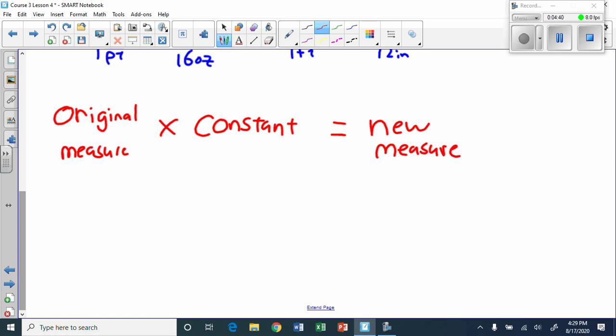And then that constant we talked about, usually what we're going to multiply is a unit multiplier. Okay, unit meaning 1, something equal to 1. 3 feet over 1 yard is equal to 1 because it's the same measurements. 60 minutes over 1 hour is equal to 1 because they're the same measurements.